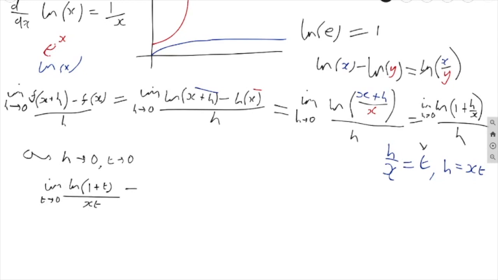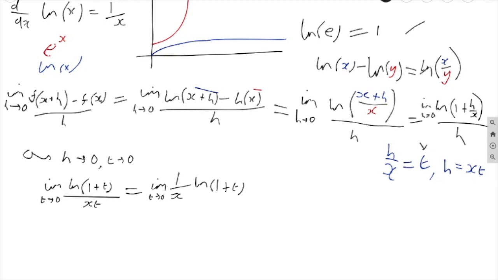We can rearrange this because as t goes to 0 we still have a t on the bottom right here, and that's not quite fun to work with, but we have some workarounds. Let's call this the limit of 1 over xt times ln of 1 plus t.